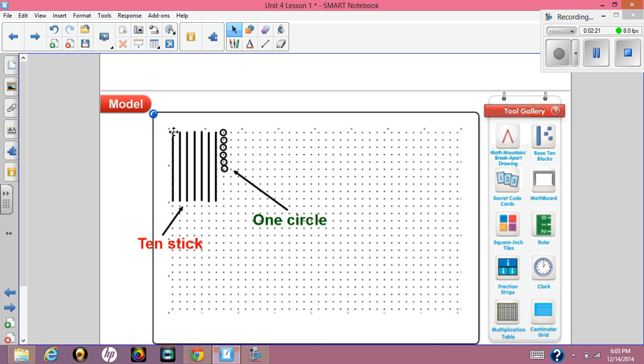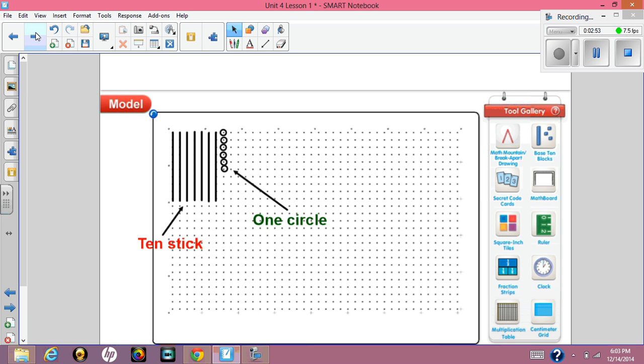So that means that this stick has a value of 10. It covers 10 dots. These ones, I have circled just one dot. Each of these represents the dot that it is covering, which is 1.